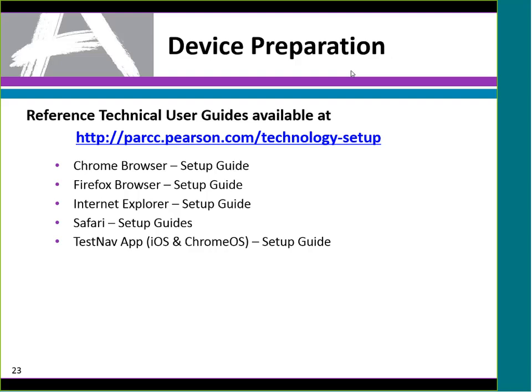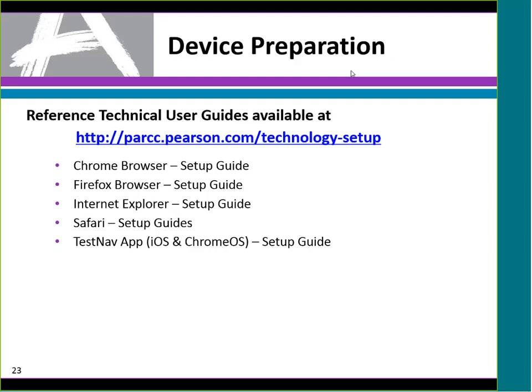Because if they're at the wrong URL, or if they have to deal with pop-ups, or if they're on the TestNAP app and they're not at the right customer site, then they enter their login credentials and they can't get into their test. Either they're clicking on pop-ups and they don't know what to do, or they're at the wrong site and it keeps coming back with invalid credentials even though they've typed it right.